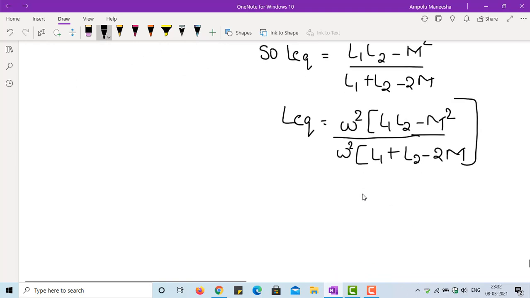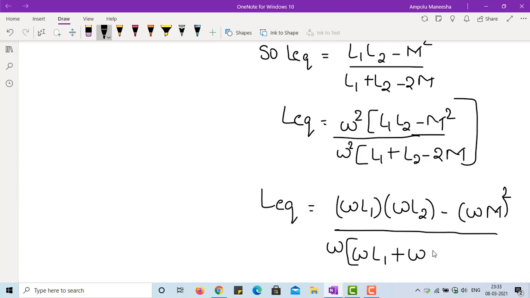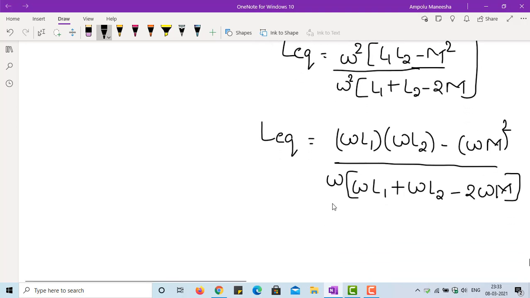If we further simplify this expression, L equivalent is equal to omega L1 into omega L2 minus omega M square divided by, one omega we will take out, omega L1 plus omega L2 minus 2 omega M. Multiply this omega to the L equivalent.